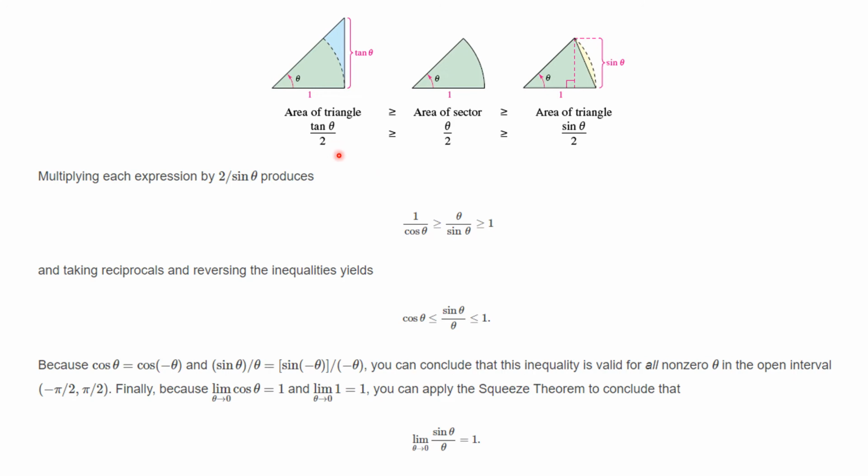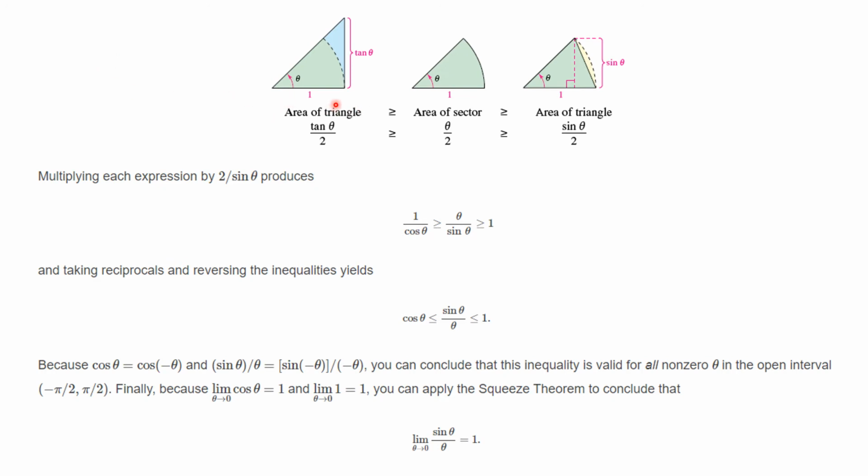The area of the big triangle is bigger than or equal to the area of the circular sector, which is bigger than the area of this triangle, which is going to be 1/2 the base times the height. So we're using that value that's shown dotted here, and that y coordinate was sine theta. Okay, so the area of a triangle is 1/2 the base times the height.